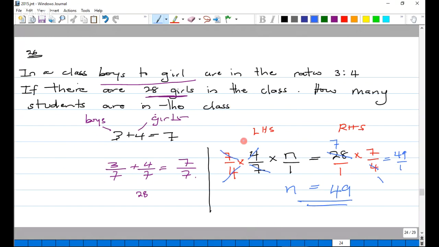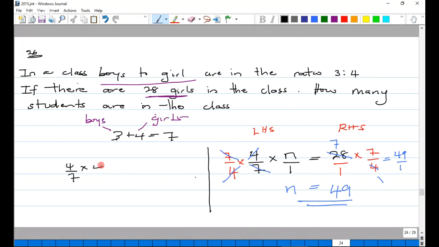Now, if we want to prove that this is so, we can check it out. Let me make some more space here. Now, what do I know? You know that the unknown is 49. So the girls would represent 4 7ths.